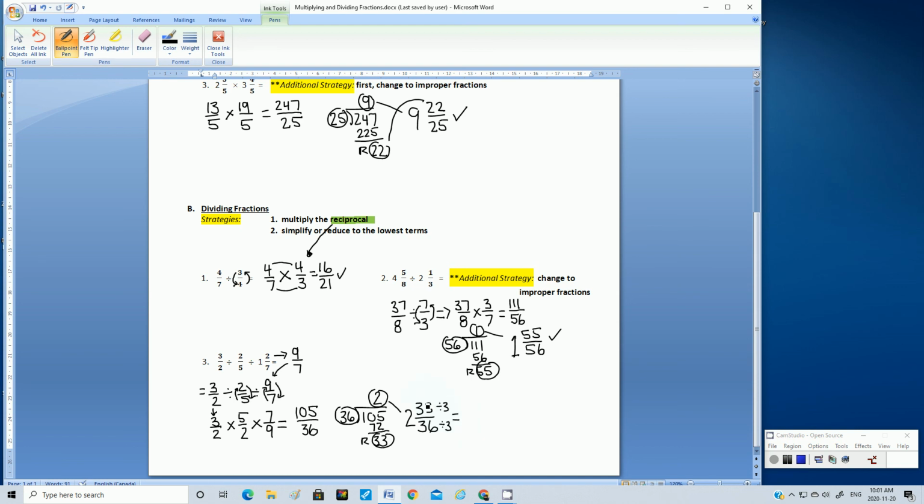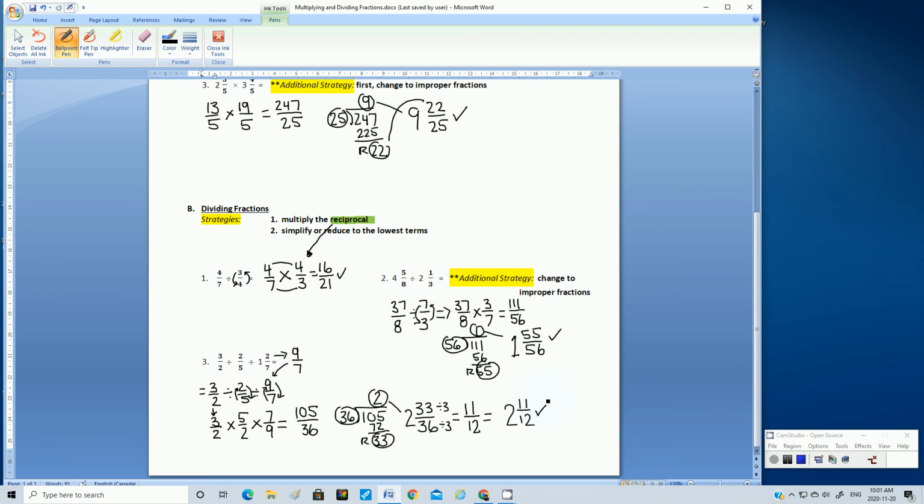Okay, so 33 divided by 3 is 11. 36 divided by 3 is 12. Don't forget the whole number. So our final answer is 2 and 11/12.